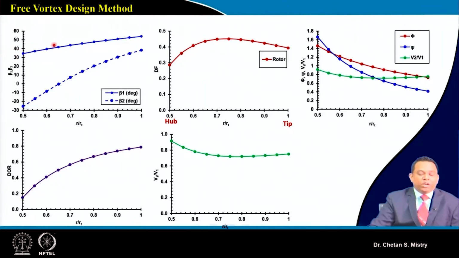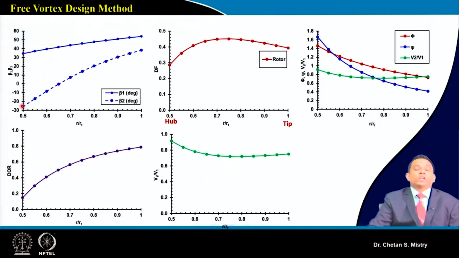So here, this is representing the variation of my beta 1. Beta 1 is varying, as we have discussed, as Ca by U, that means with the change of my radius I will have the variation of beta 1.